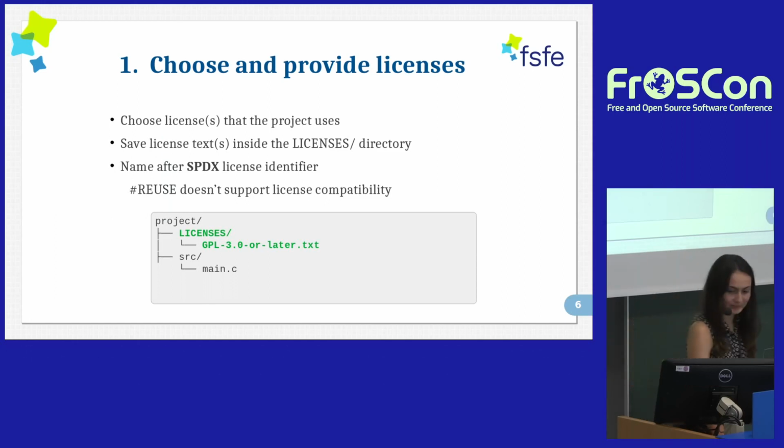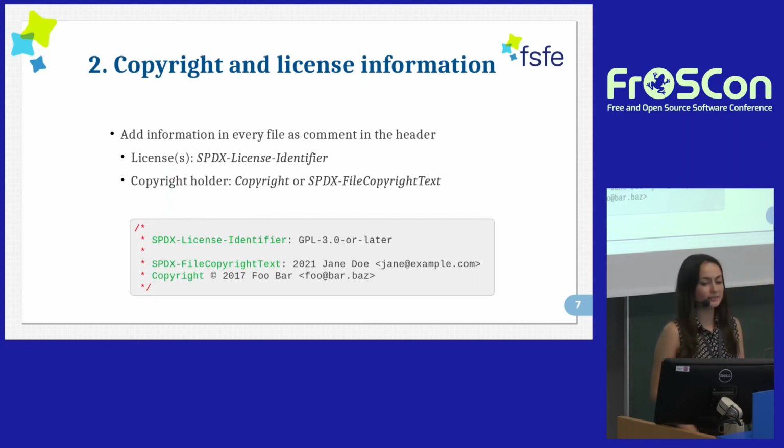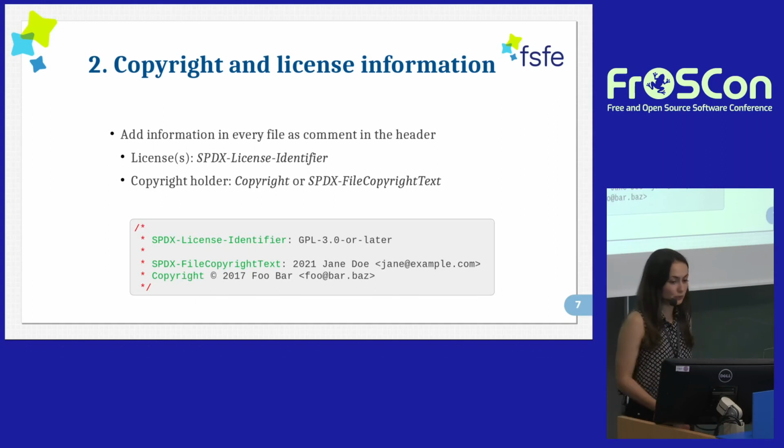So we already got the licenses, and now we're going to add the copyright and license information to the files. We're going to do it through a header, which is going to look like the example here. For the license identifier, again, we use the SPDX tag and the license name.